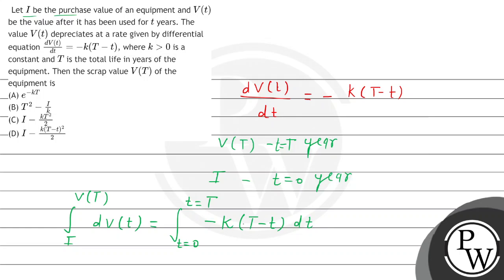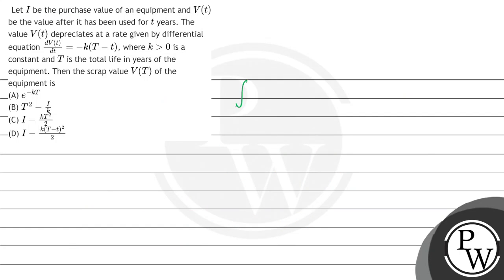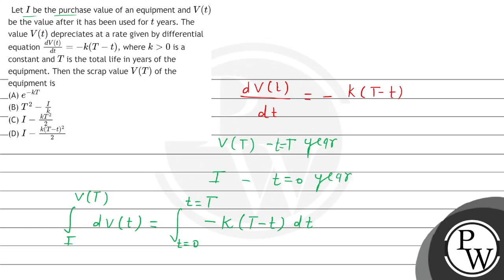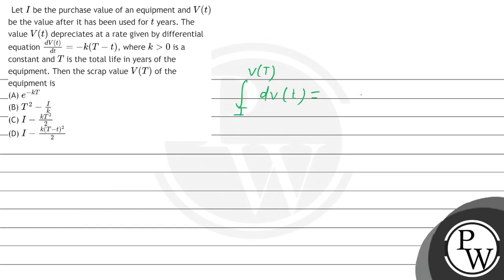So now we'll multiply the minus sign and k inside the bracket. So what will happen: here we have I, and this is V of T, dV, and after multiplication it becomes minus kT plus kt.